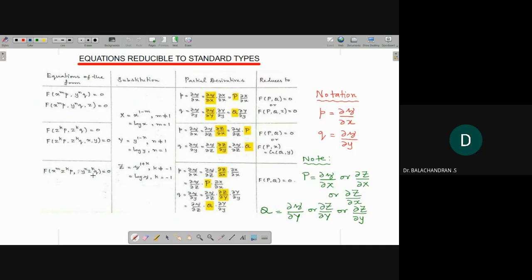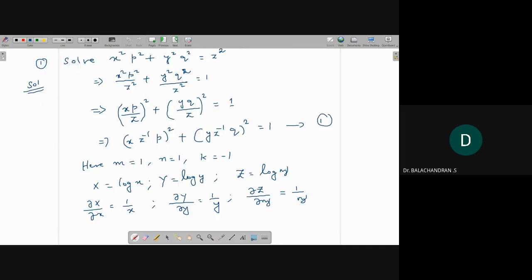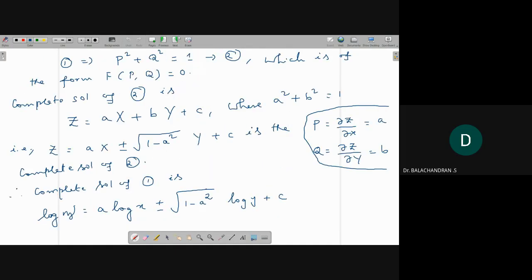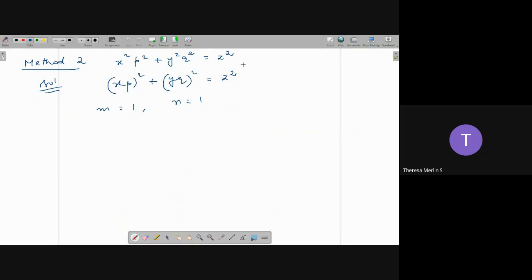When it is alone, it is 0, so there is no need to write the k value. You cannot find the k value; just m and n you should find. Now I call this equation number 1. If m is 1, what is capital X?